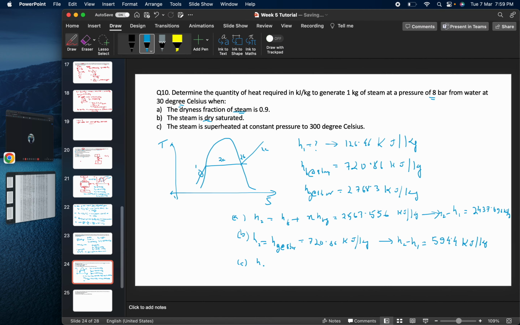H2 is 3056.9 kilojoule per kg, and this gives H2 minus H1 equal to 3056.9 minus 126.46, which is 2930.44 kilojoule per kg.